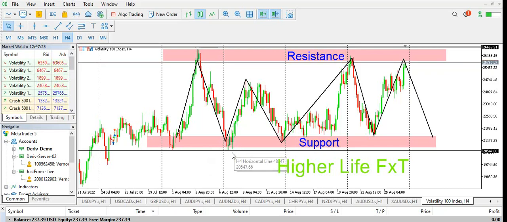We are simply saying if price breaks below the support, we want to cut our losses when it reaches this area, because we know price, once it breaks below the support, is going to continue to go down. And if we enter a sell here and price breaks above the resistance area that we have marked, we want to cut our losses short here on this black line, because we know once price breaks above the resistance, price will continue to go up.